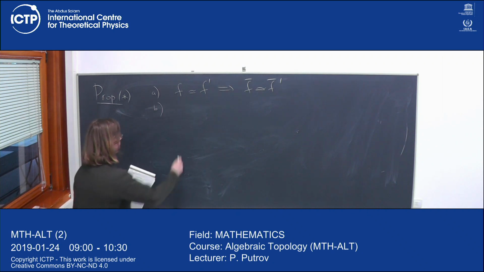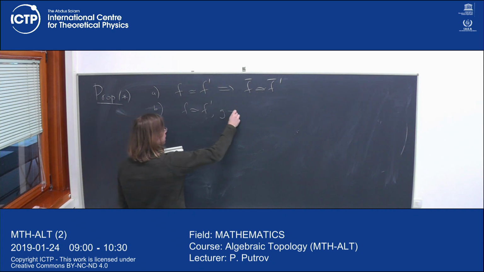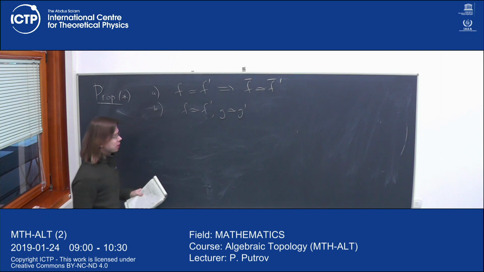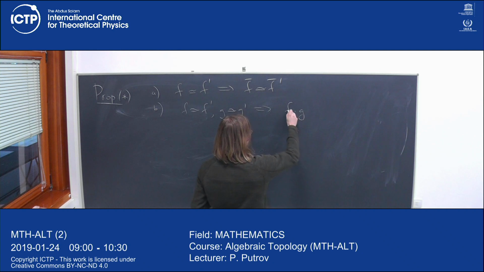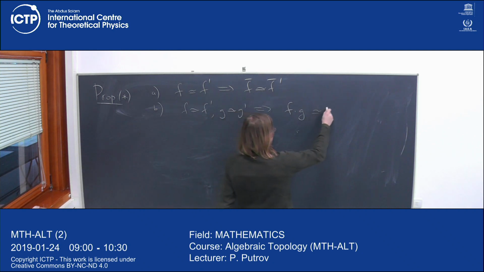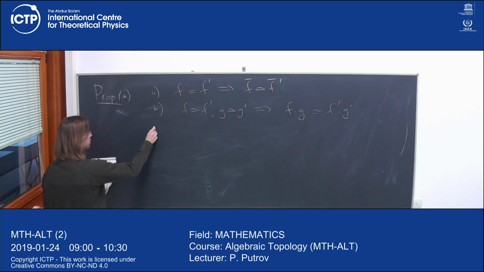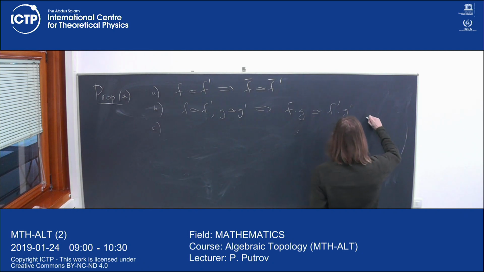Then point B is that if f is homotopic to f prime and path g is homotopic to g prime, then the composition of paths, which we defined in the previous lecture, is homotopic to the composition of f prime and g prime. This was not a composition of functions; one can say it is concatenation of paths.